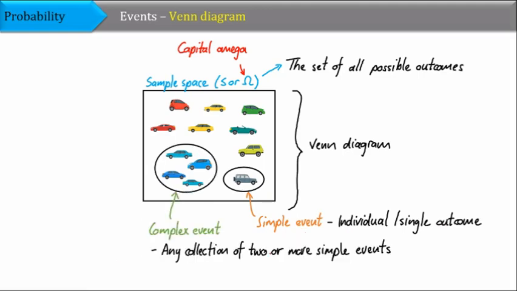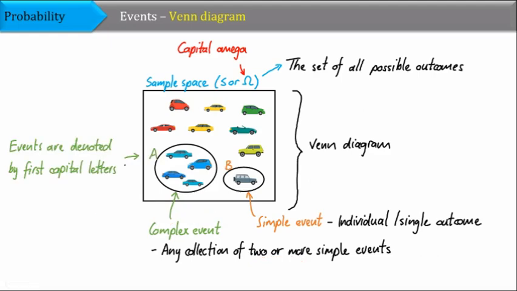If we select two or more simple events or two or more elements, then we have what we call a complex event or a compound event. So we can either have a compound, in other words a complex event, if we select two or more elements. If we only select a single element or single outcome, then we have a simple or elementary event.